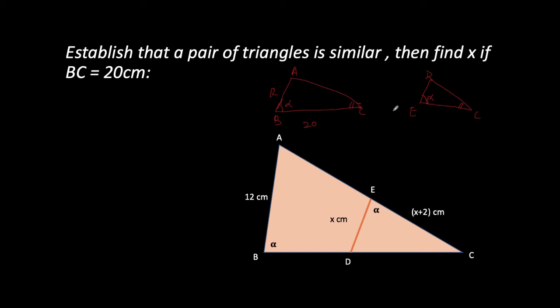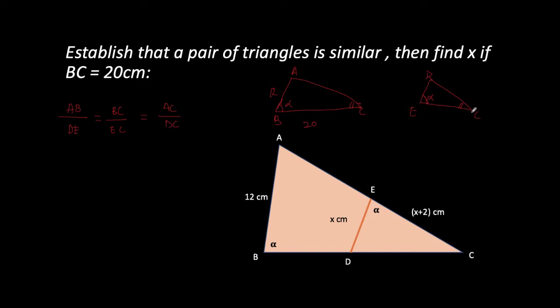Now if the triangles are similar, then we can say that the corresponding sides ratio is equal, or in the same proportion. Okay, now let's write down the ratio, that is corresponding side AB. Corresponding side to AB would be DE. Now corresponding side of BC would be EC, and the corresponding side of AC would be DC.